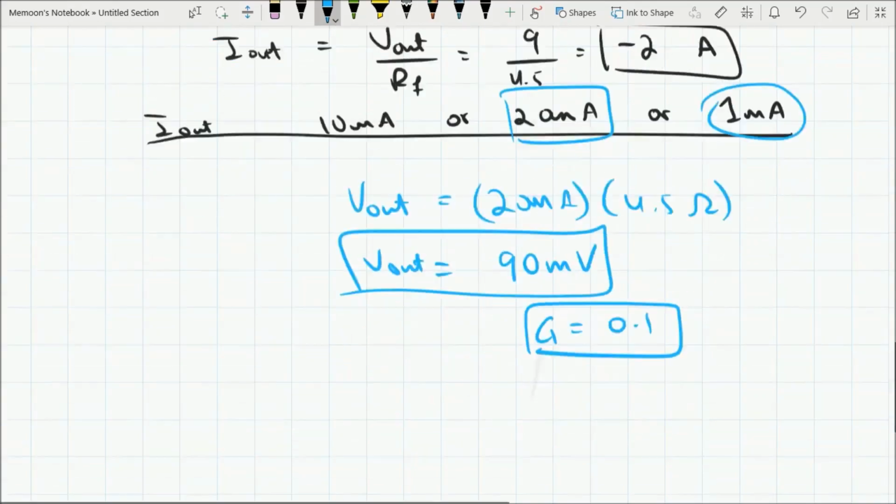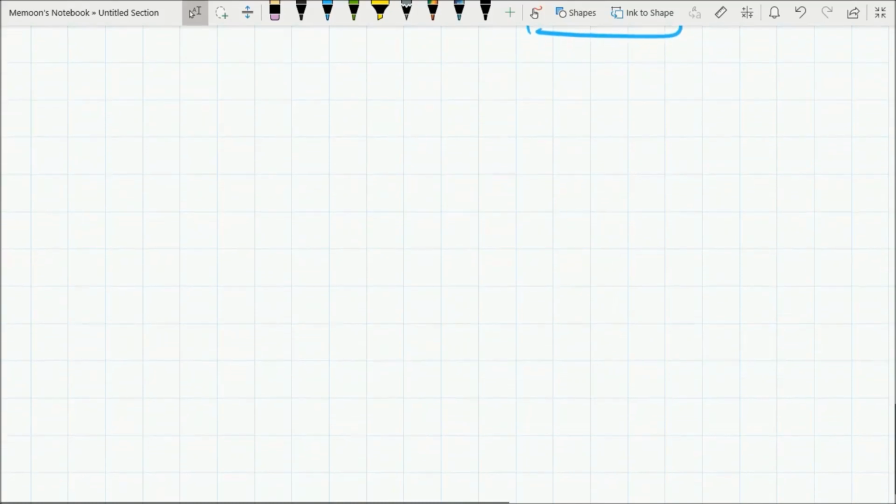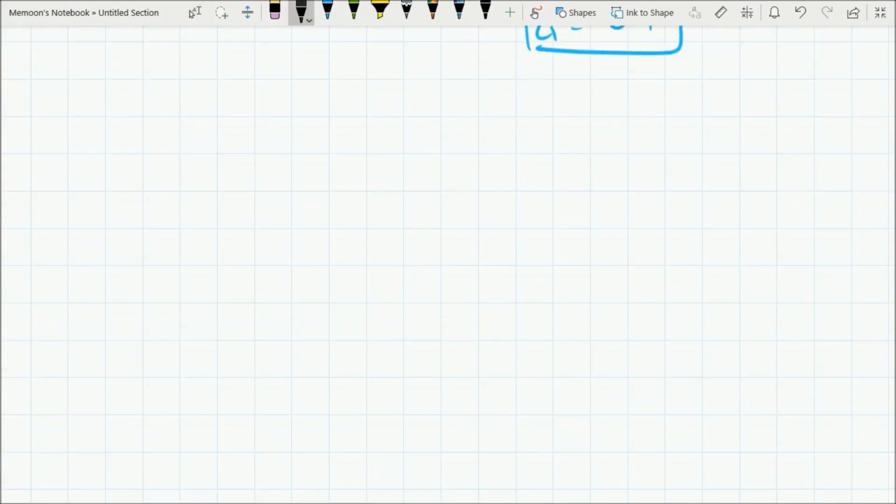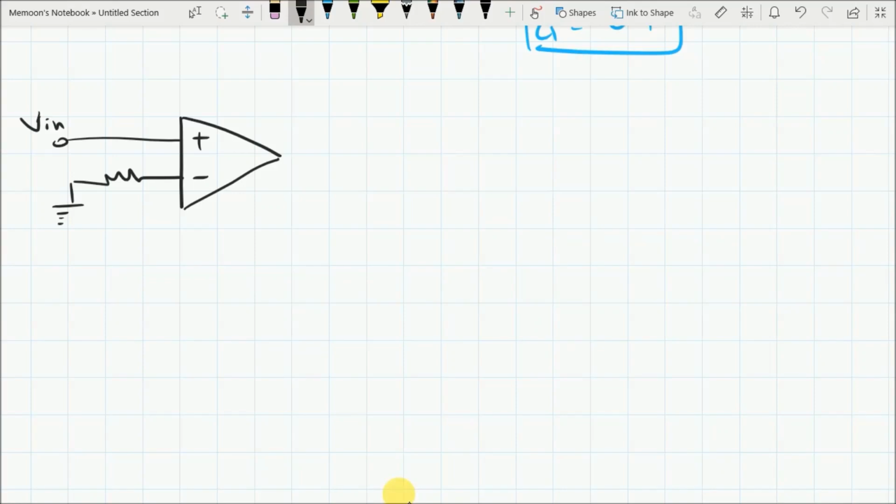So now, after completing the inverting amplifier, let's move on to the non-inverting amplifier. In the non-inverting amplifier, the input is taken at the non-inverting terminal. Like here, the input is directly taken at the non-inverting input, and the inverting input is now grounded, but the feedback is still connected at the inverting input.